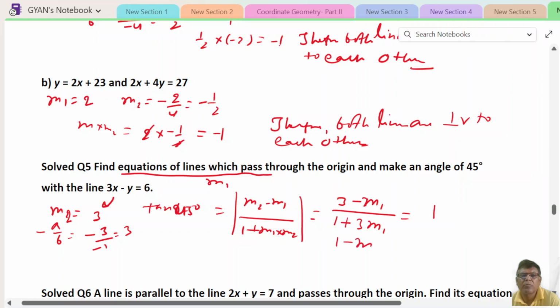So 3 minus m1 is equal to 1 plus 3m1. So 4m1 is equal to 0. So m1 is equal to, so m1 is equal to how much?